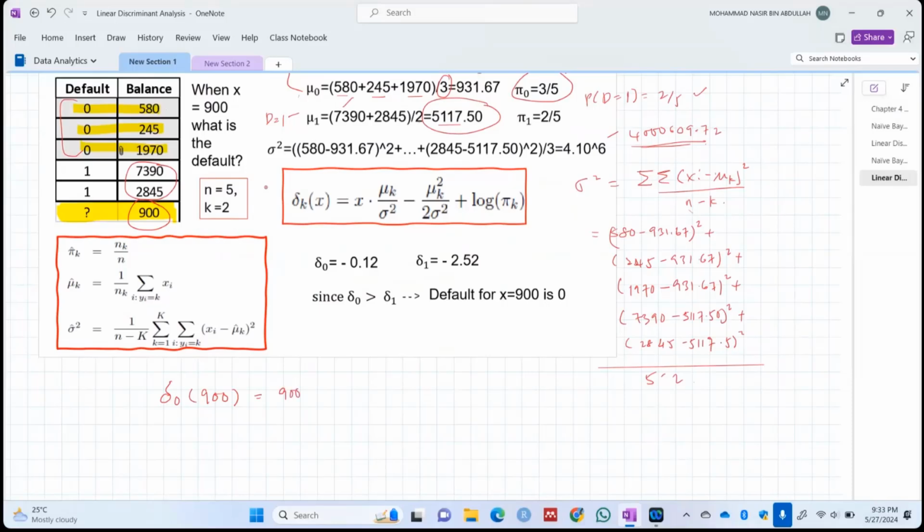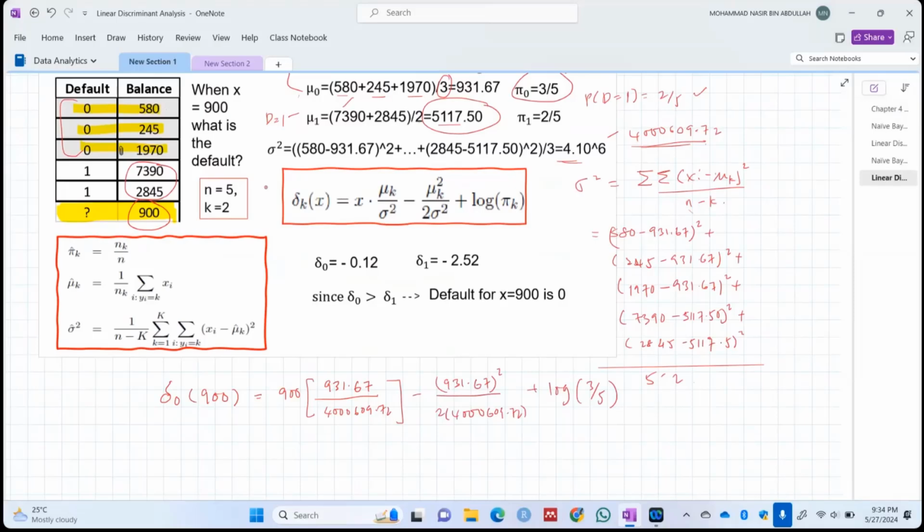This is 900 multiplied by the mean of class 0, 931.67, divided by the variance, 400,609.72, minus 931.67 squared divided by 2 multiplied by 400,609.72, plus the log base 10 of our prior, which is 3 over 5.